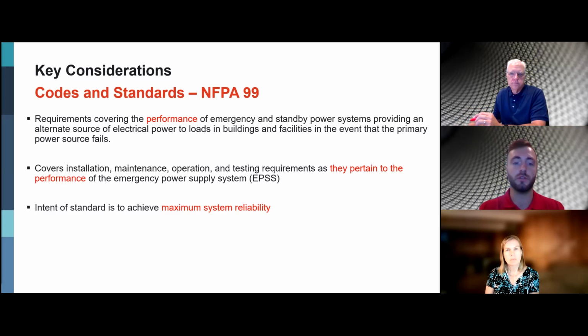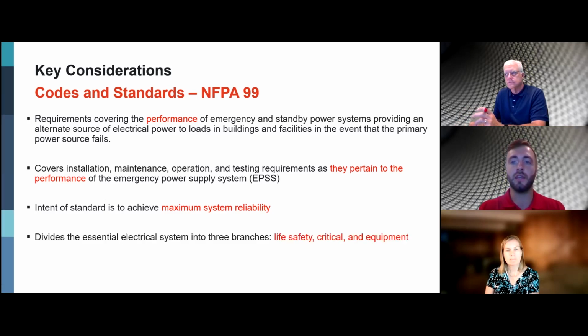The one thing to note within NFPA 99 that is a distinct difference from NFPA 110 is that NFPA 99 divides the essential electrical system into three branches. You have life safety, you have critical, and you have equipment. So be on the lookout for that being called out within the code and as it relates to you and your emergency power supply system.